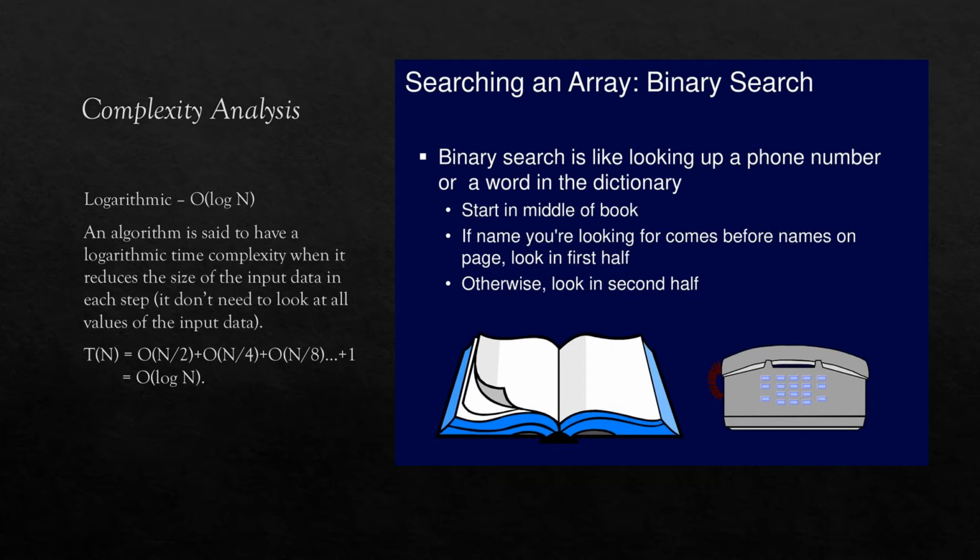If you analyze the time complexity here, the equation says T of n equals O of n by 2 plus n by 4 plus n by 8 until you find the particular phone number, which is of constant time. So in this case, you're reducing the size of input by 50%, which is n by 2, and then it goes to n by 4, then n by 8, and so on.